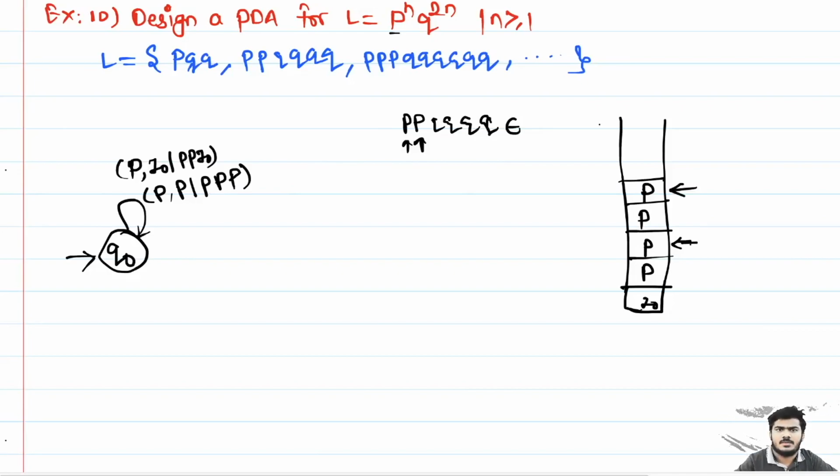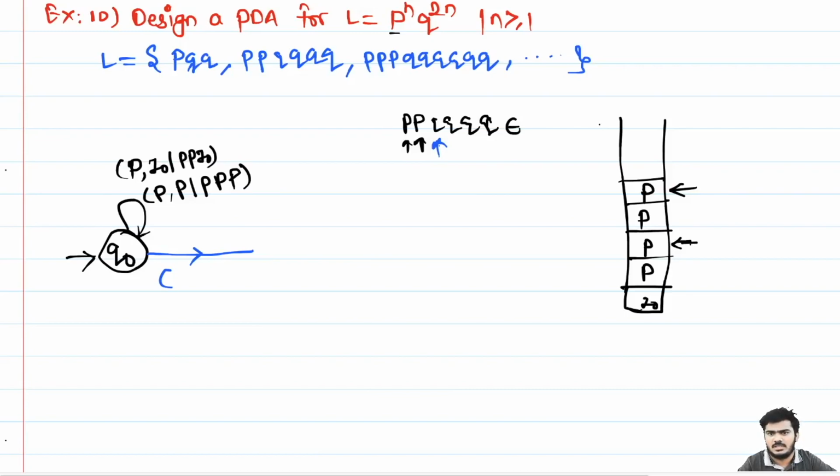Now I have the input q and the top of the stack is p. Whenever q starts occurring, I have to pop the p and change the state, because after q I don't want p; the language doesn't contain such strings.